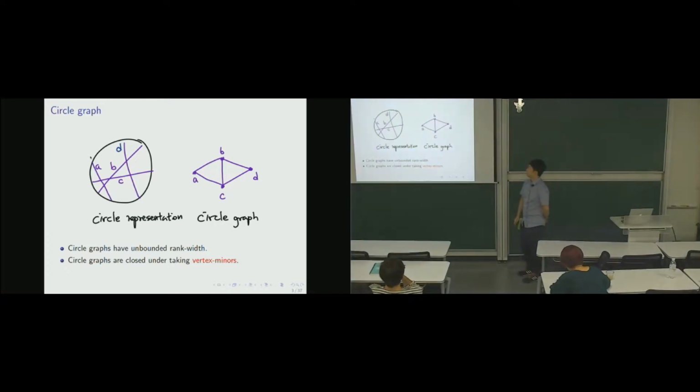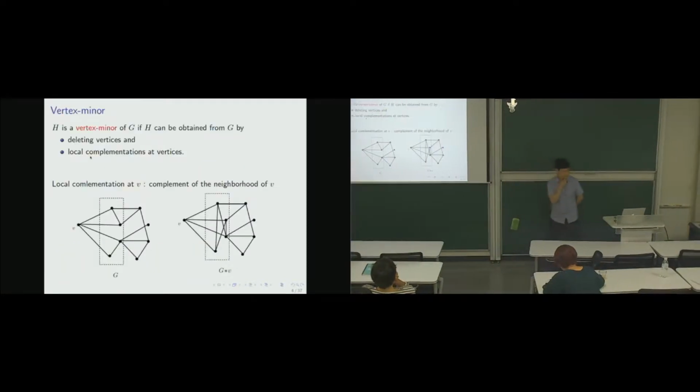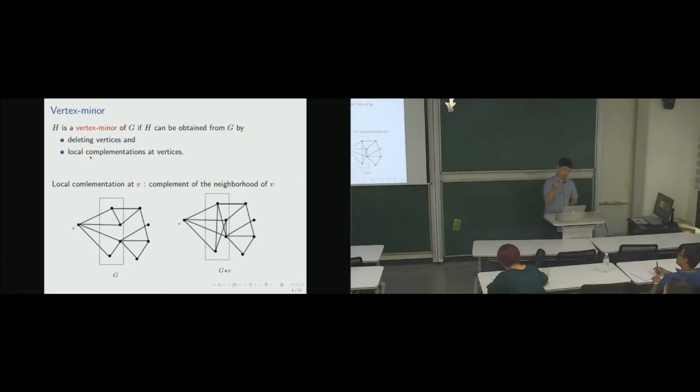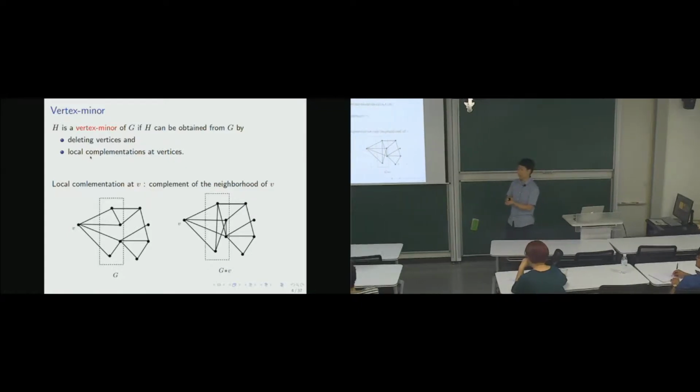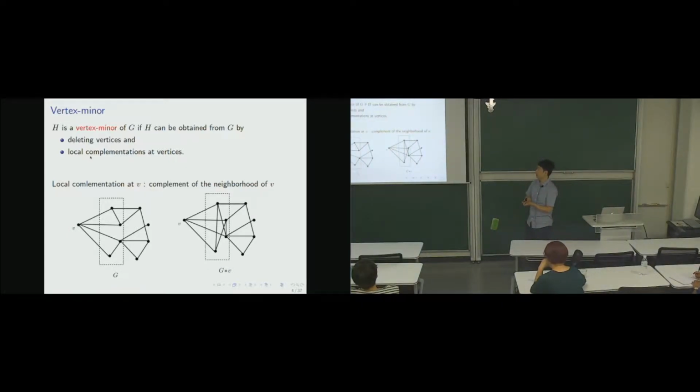So what is a vertex-minor? A graph H is a vertex-minor of some large graph if you can obtain it by a sequence of two operations. One is that you are allowed to delete vertices, and the other is that you take local complementation at vertices.